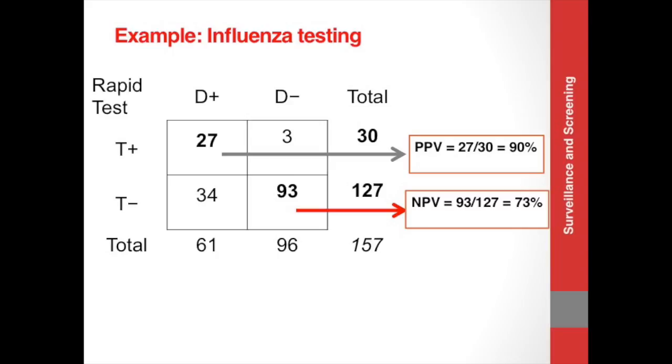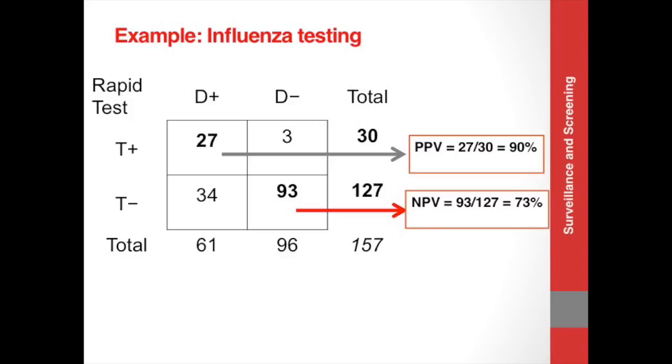Back to our influenza testing example. There were 30 positive results, and 27 of them were in children who had influenza according to the gold standard. The positive predictive value of the test is 90%, indicating that 90% of children with a positive screening test truly have the disease.